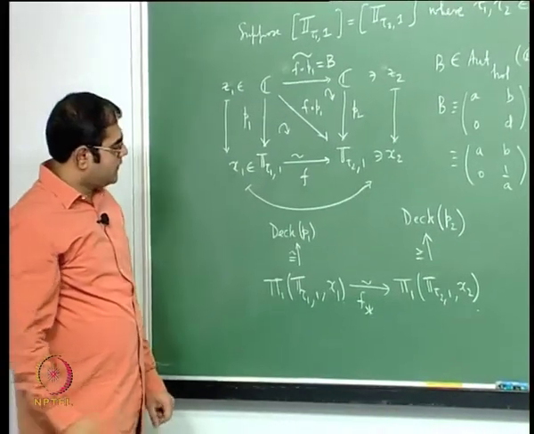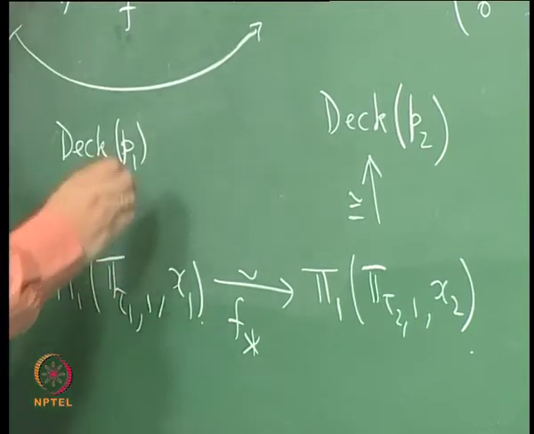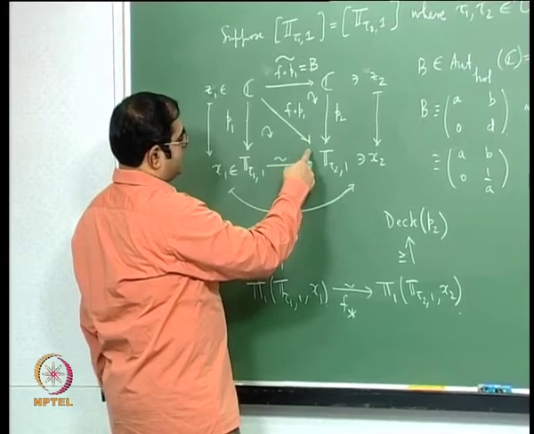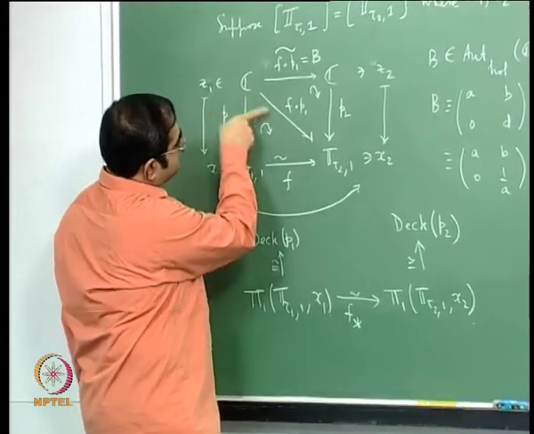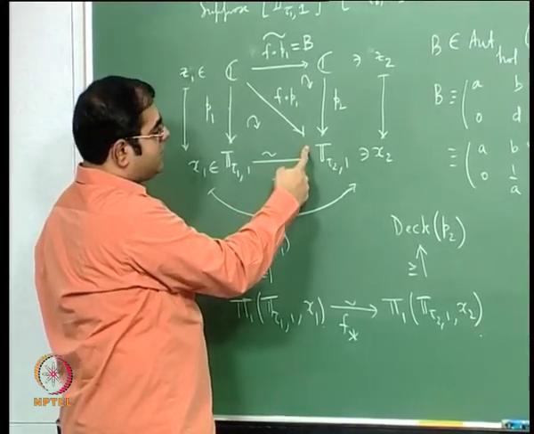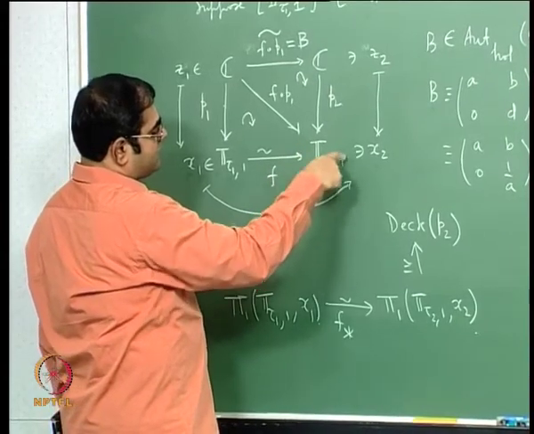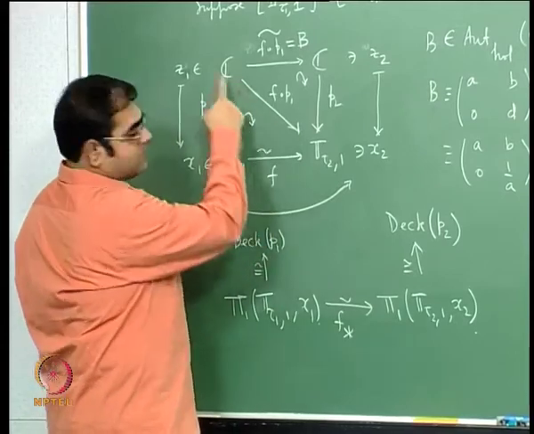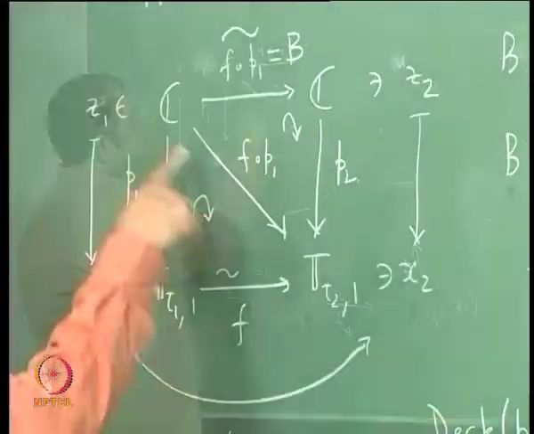You also have one more map like this. So this is also a covering. Because of this covering I will get an identification of the fundamental group of this with the deck transformation group of this cover. But then this followed by this is this.